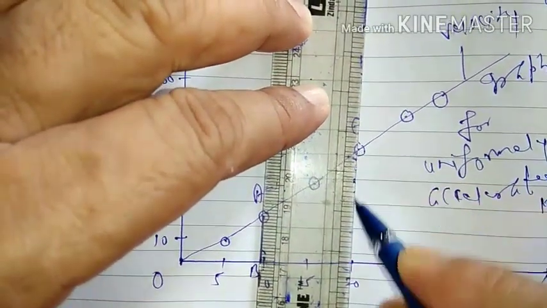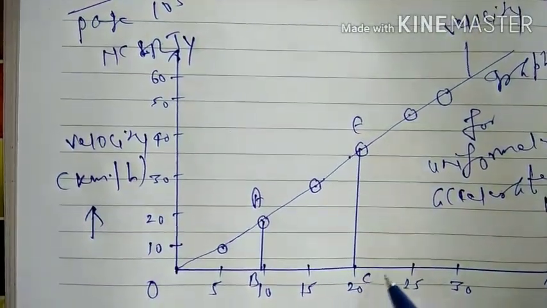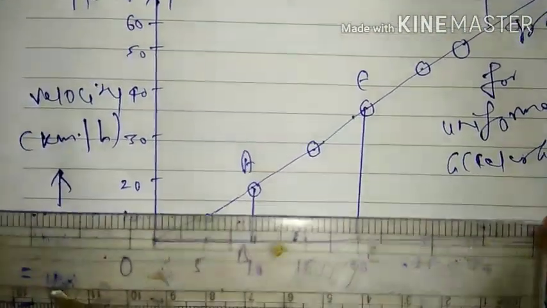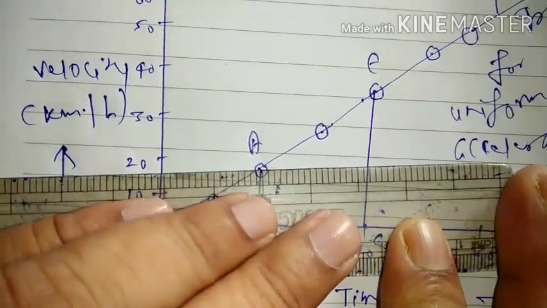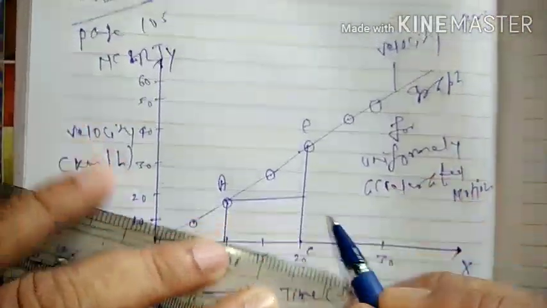It meets at point C. And from A, if we draw a line parallel to x-axis, suppose it meets the perpendicular at point D.